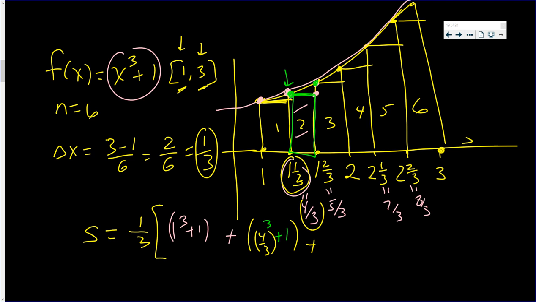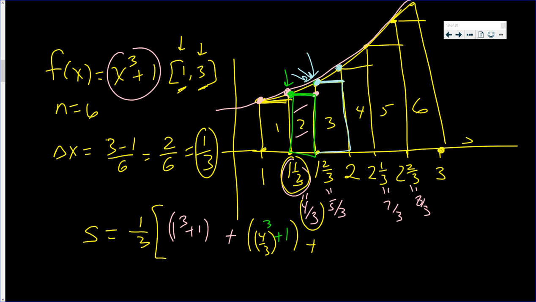For the third rectangle, between this height here and that height, this one's lower. And that's the point on the curve. Nowhere along here do I hit the curve except right there.